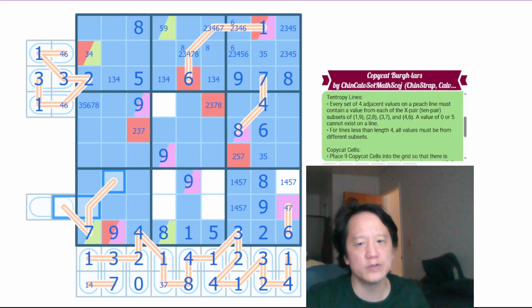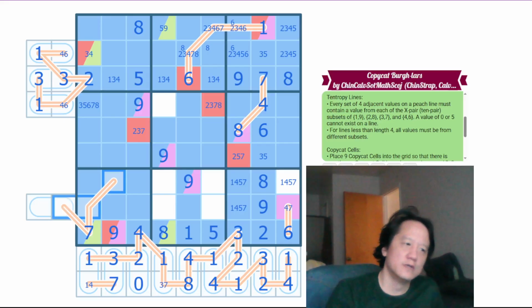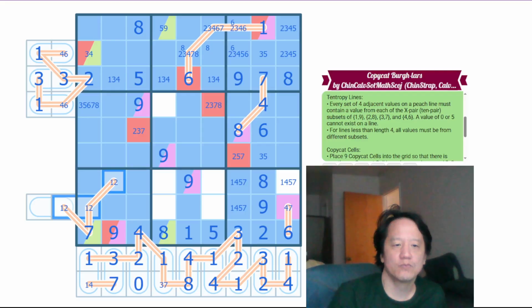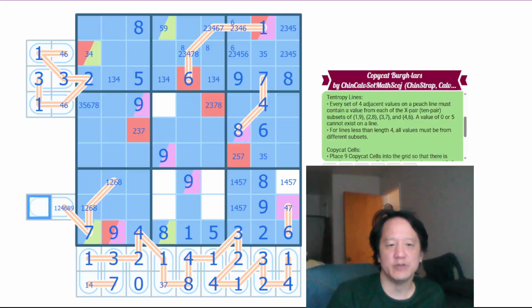So there's no 3 or 7. What are the possibilities? 1, 2, no 3 or 7, 4, 6, 8, or 9. So no 4 or 9 here, no 4 or 9 here. Okay. And this digit could be many things.